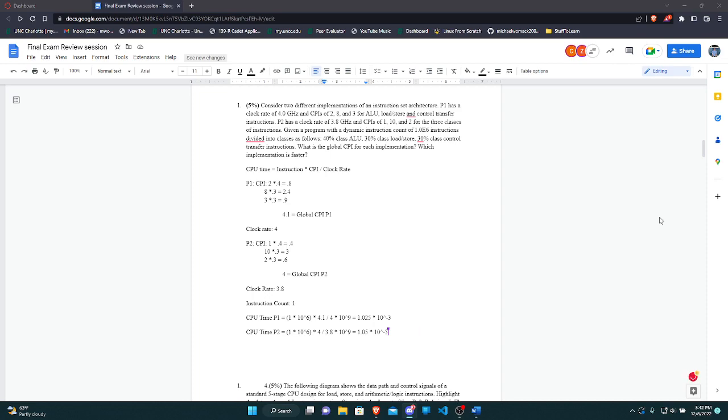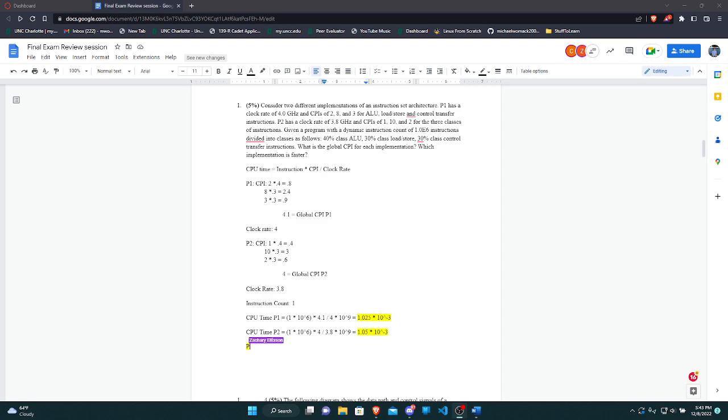These are the 2 CPU times, and it does ask us to compare them. So we have 1.025 and 1.05, and the smaller number is going to be the faster one. So the faster implementation is P1 because it's smaller.